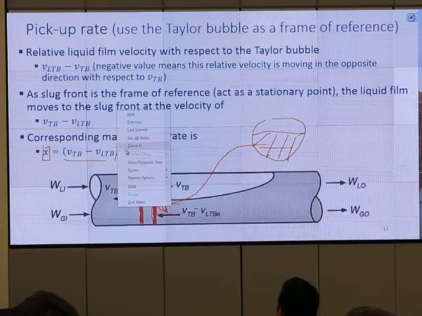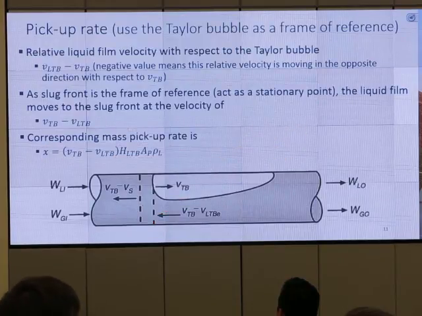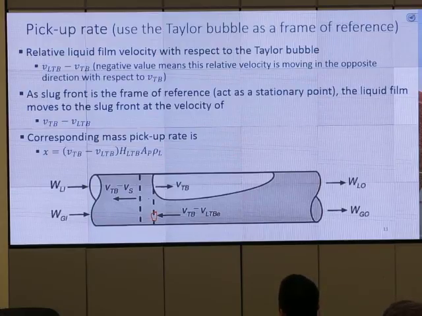Make sense? So let's analyze the mass going into this red boundary. VLTBE is the speed at that point. Let's call them boundary 2 and boundary 1.